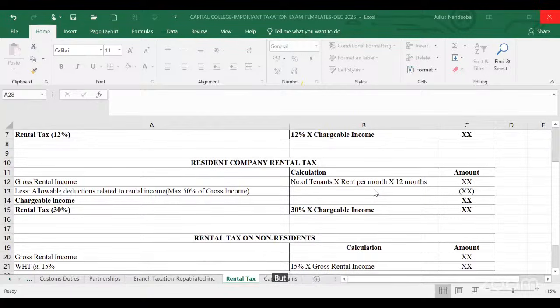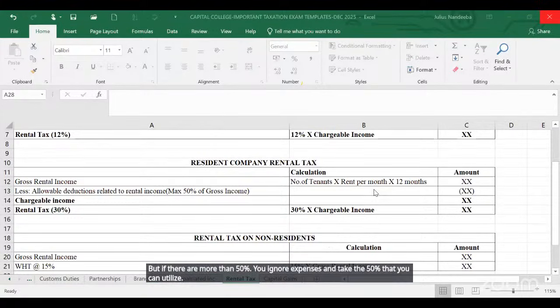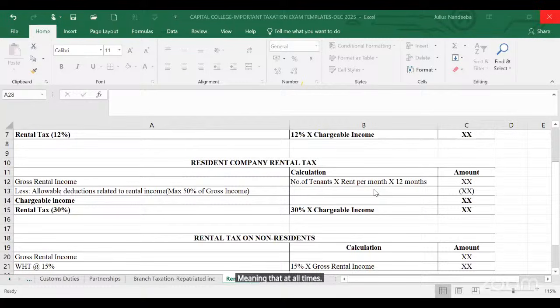But if they are more than 50%, you ignore expenses and take the 50% that you calculated. Meaning that at all times, the maximum expense you can claim for rental expenses related to a company is 50% of the gross rental income. And there is nothing like notional expenses. We can't give you an expense that you did not incur.